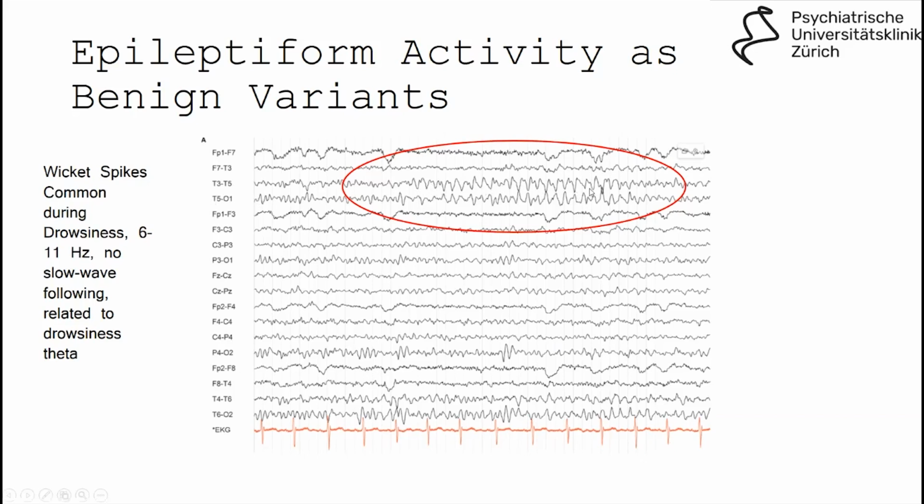It's not very clear for you maybe, but this is a second. So you see it's 1, 2, 3, 4, 5, 6 hertz, so it's in the theta range. This is not alpha activity, of course, it's too slow, and the shape is a little bit different from a clear alpha activity. So this is a so-called wicket rhythm that you can see, and it's related to theta activity.